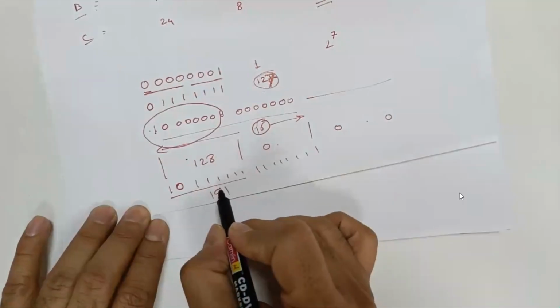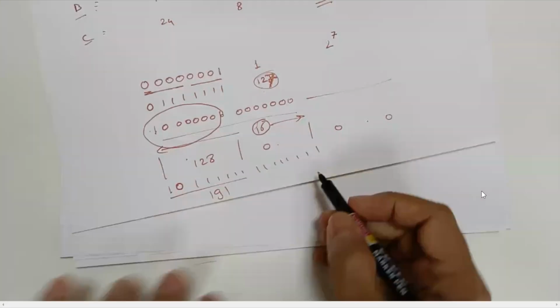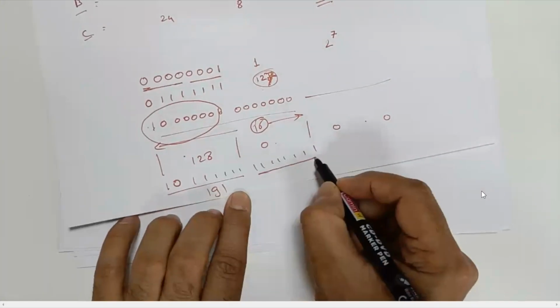When we do the calculation, this will become the IP address range: 128.0.0.0 to 191.255.255.255. Now 255 means what? All the bits are 1 in that octet.